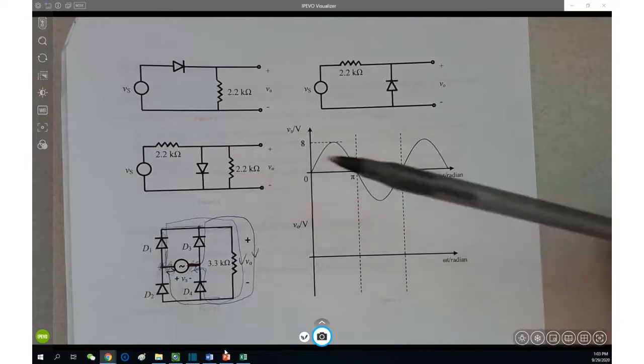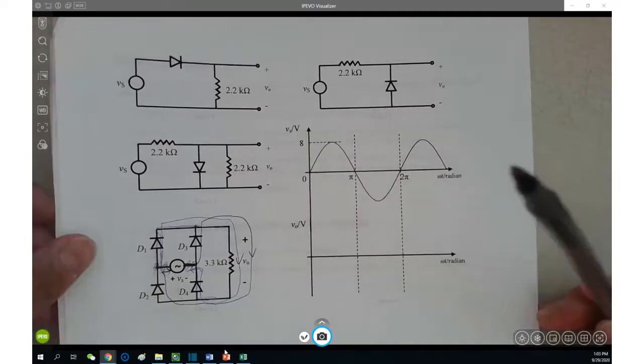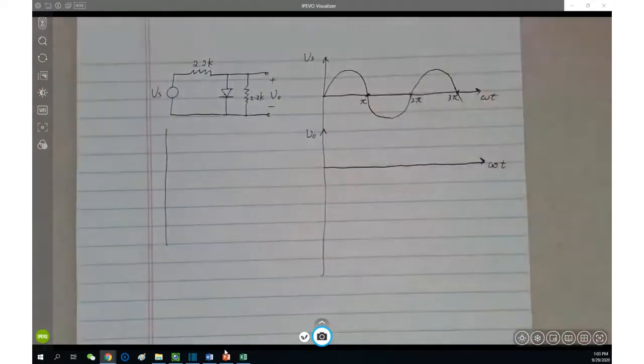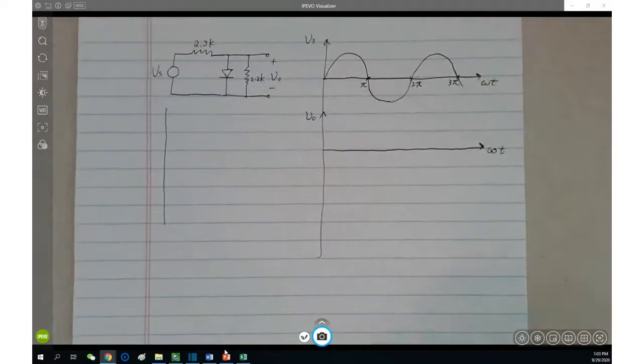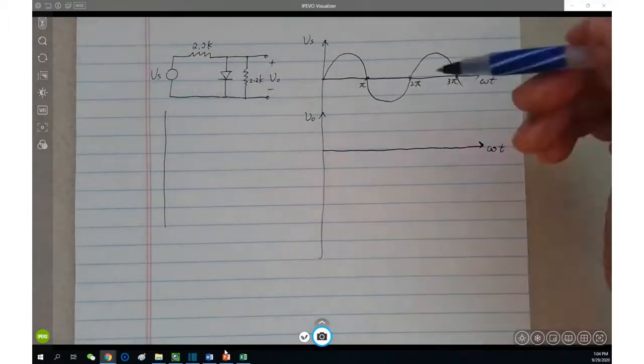Let's see how we analyze the circuit over here, figure 3. I'm repeating the figure 3 circuit in my notes like this. What we're seeing is one AC source Vs, whose waveform is given here.